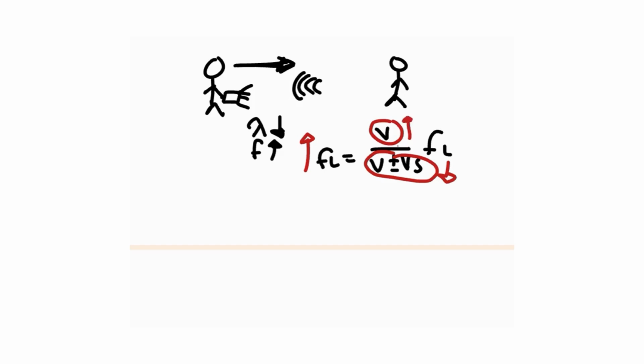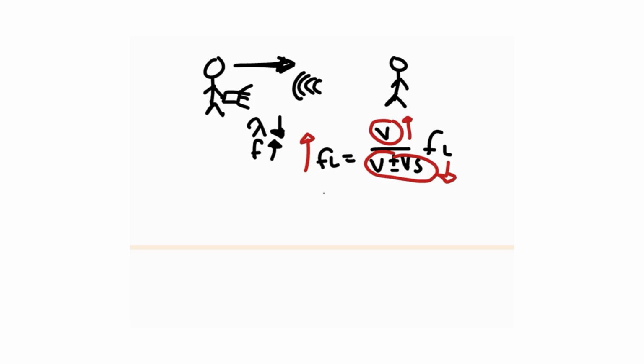How can we get this? It means we expect the numerator to be bigger and the denominator to be smaller. So we need to subtract on the denominator so that we have a smaller number.